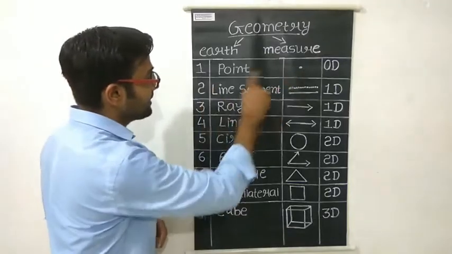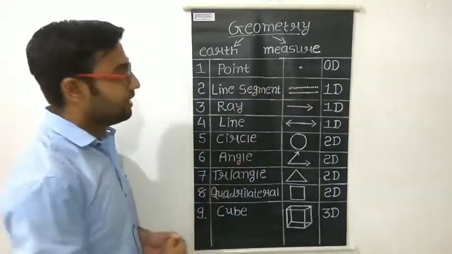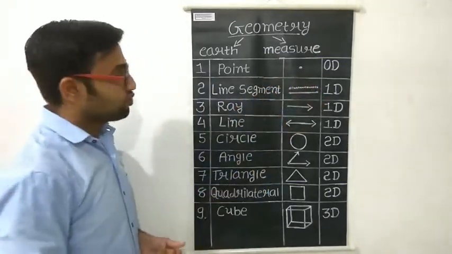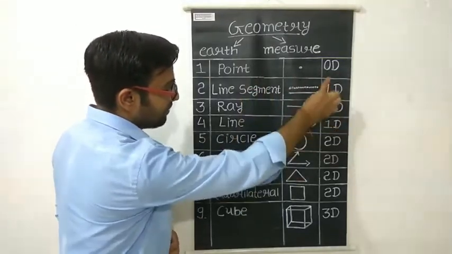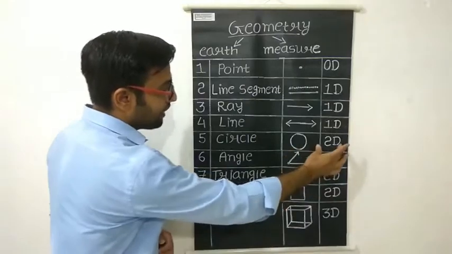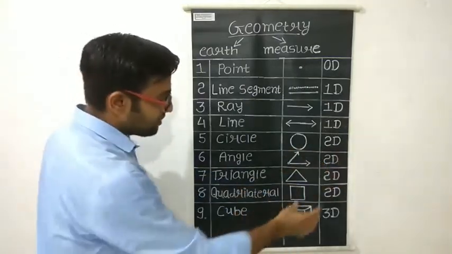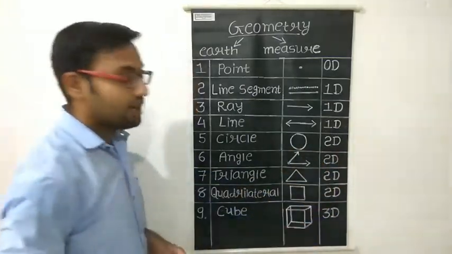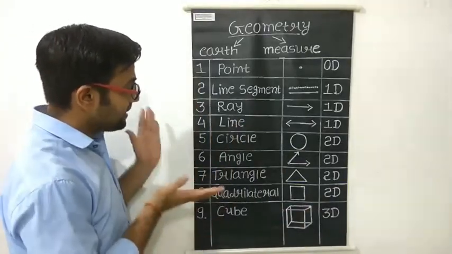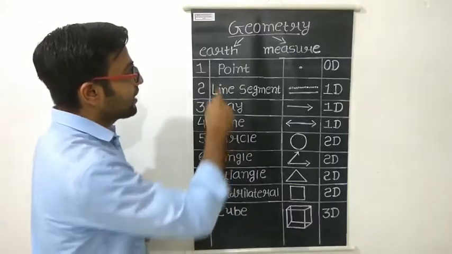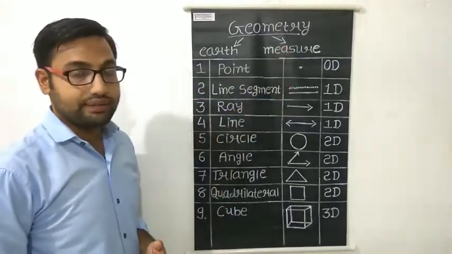We start from the basic element, that is a point, and it is 0 dimension. As we move forward, we get the first dimension for this shape. If we move forward, we get the second dimension, and as we move forward, we get the third dimension. Right? So in this way, we can understand the basic terminology related to geometry.